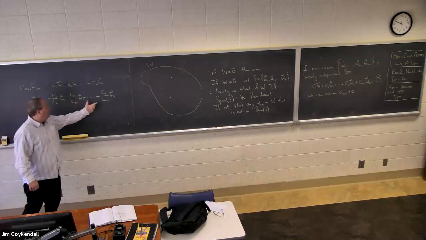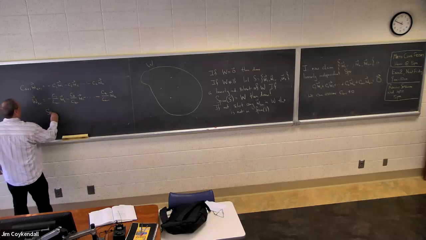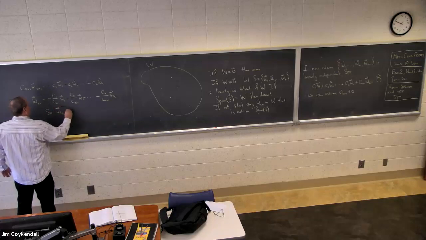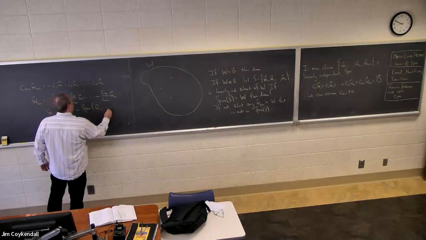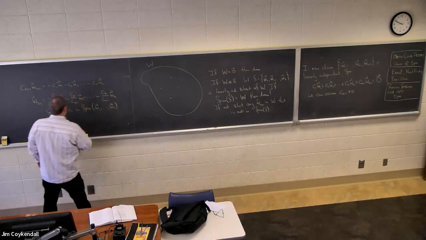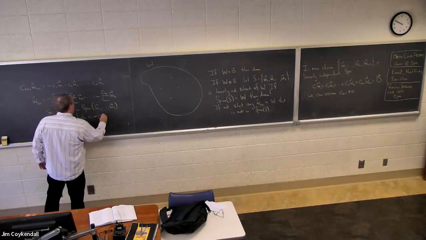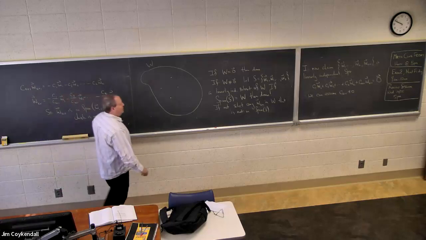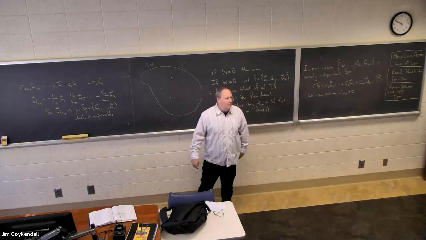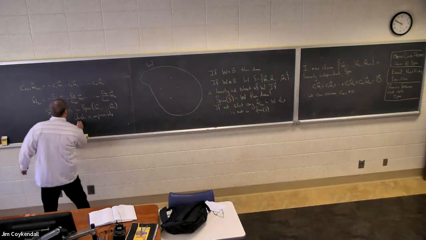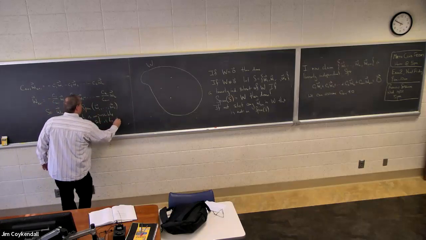WK plus 1 is in the span of W1 through WK, which is impossible, because we selected WK plus 1 not in the span of S. That means that it must have been linearly independent. So a new set is linearly independent.